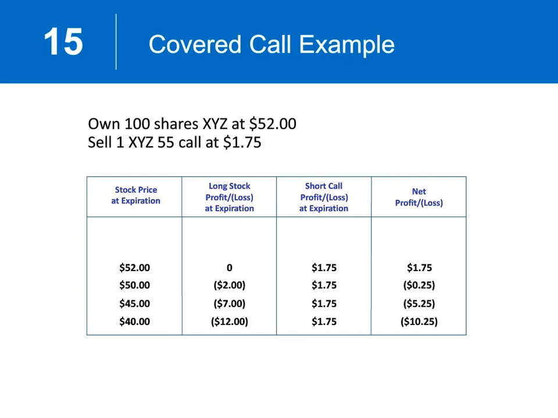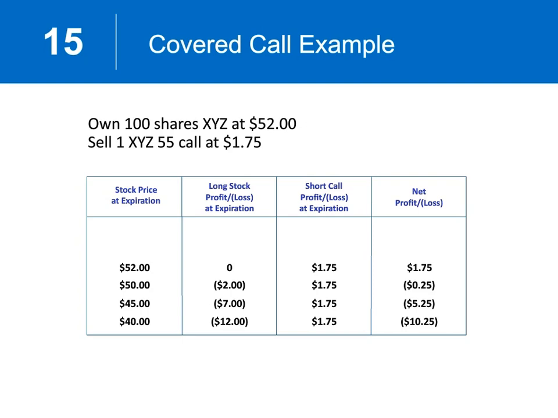Let's use an example down at the bottom at the stock price of 40. Our stock has dropped $12. So our profit loss on the stock position is a negative $12. Our call option is now far out of the money. That expired worthless just as it did before. We sold it for $1.75, so that's still $1.75 profit for us. Add those two numbers together, and we have a loss of $10.25.